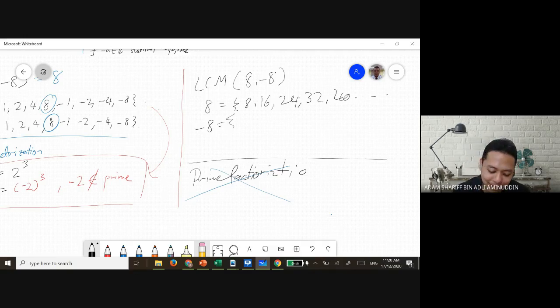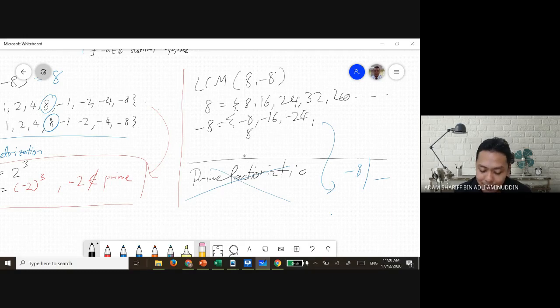Okey, kita pergi ke sini sekejap. Okey, kali ni negatif 8 adalah faktor. Apakah multiple di kanan? Negatif 8 salah satu multiple. Negatif 16 also salah satu multiple. Negatif 24 salah satu multiple. Dan wujud juga 8, sebab negatif 8 times negatif 1, it will be 8.